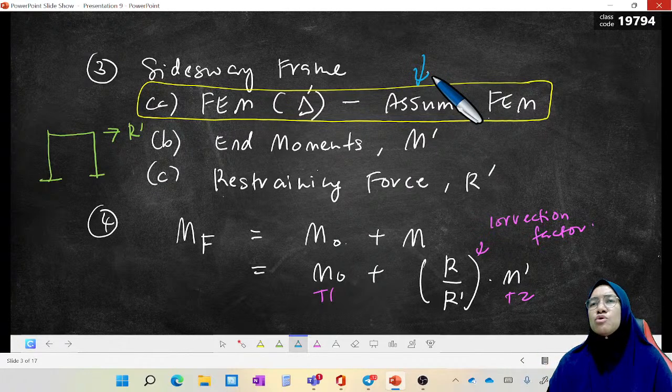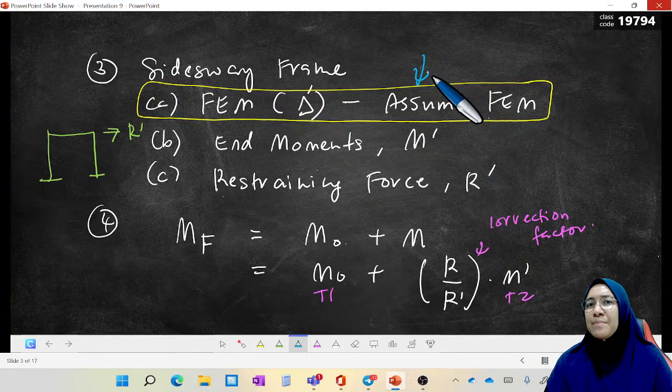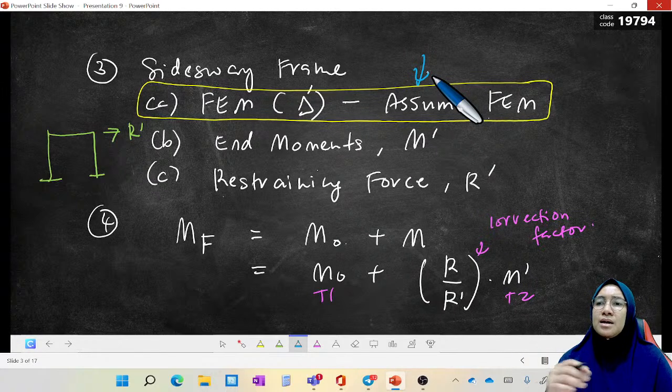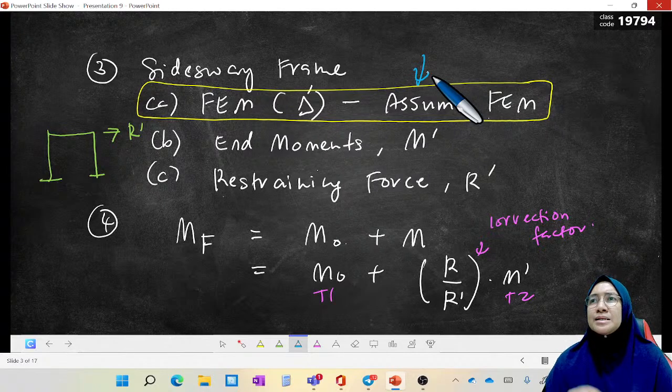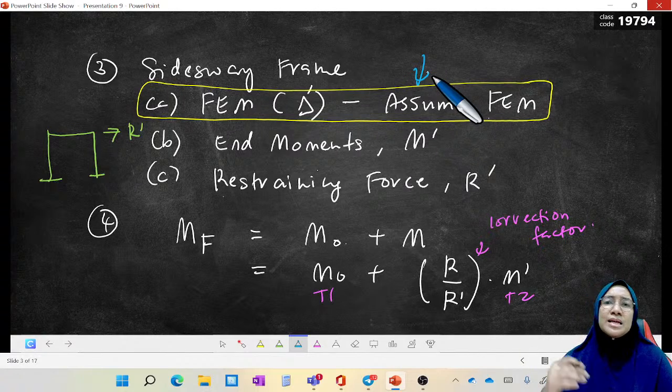Of course, in the textbook there is a procedure stated for analyzing this FEM due to sidesway, but I will show you that this is actually not as tough as you imagine. This is actually a simple mathematical step, and if we actually want to understand, we can understand, and it is simpler than you can imagine.